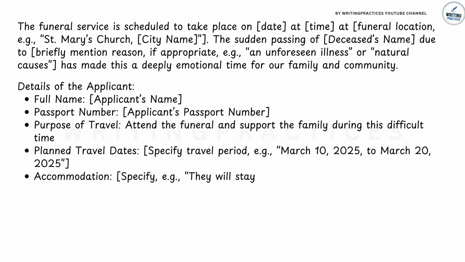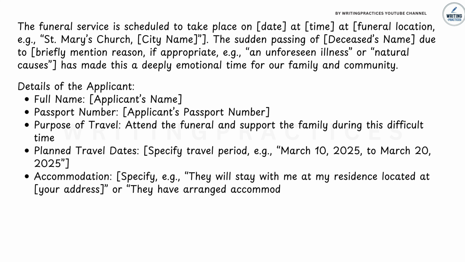Purpose of travel, attend the funeral and support the family during this difficult time. Planned travel dates, March 13, 2025 to March 20, 2025. Accommodation, she will stay with me at my residence, located at 456 Elm Street, Los Angeles, CA 9001. This ensures the consulate has all the necessary information about the applicant and their travel plans.